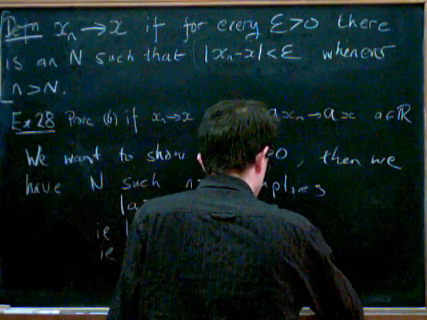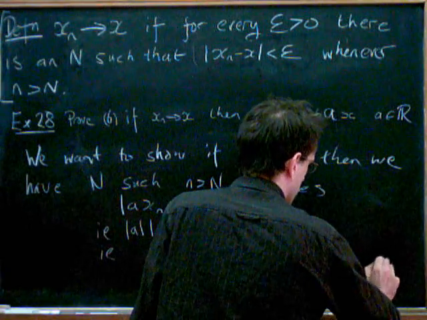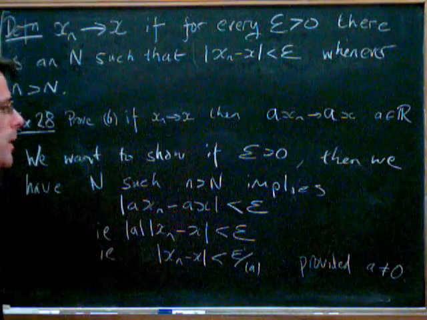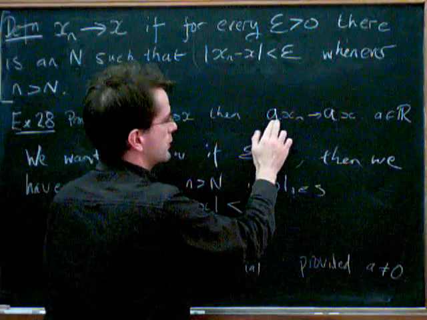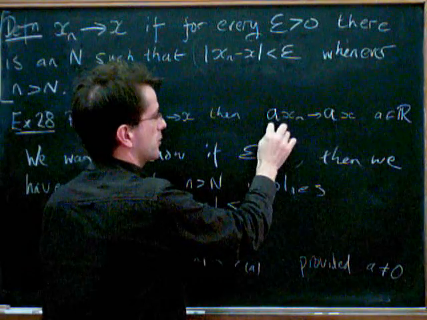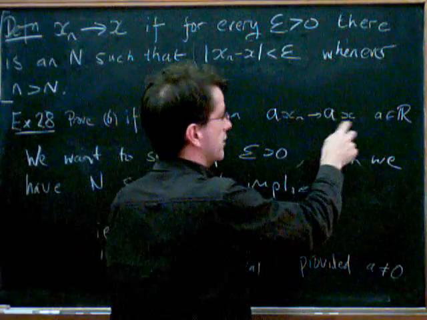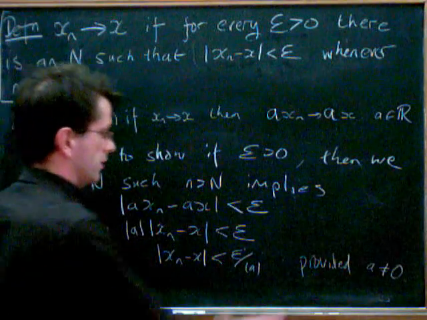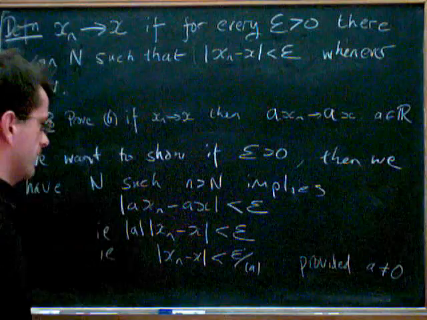So we realise there's a slight problem, provided a is not 0. But that's not a problem, because if a is 0, we multiply the whole sequence through by 0 and just get 0, 0, 0, 0, which tends to 0, which is 0 times x. So that's fine. We just have to consider this one separately.